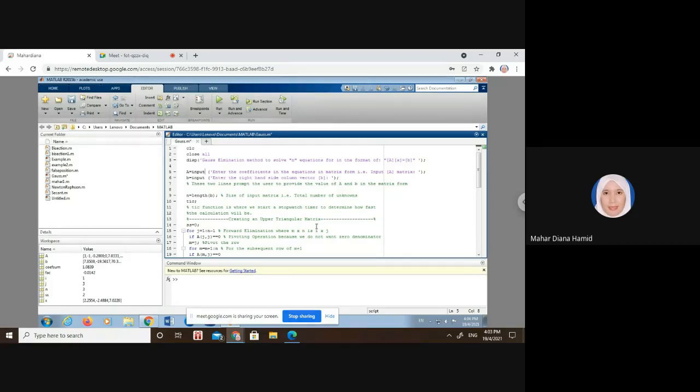A certain algebraic problem can be represented in matrix notation. So bear with me.